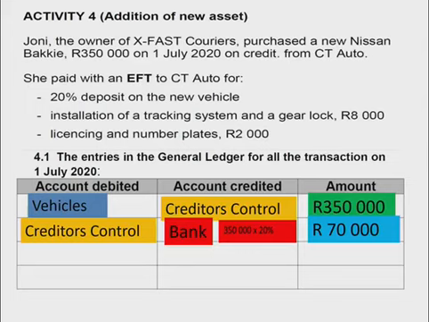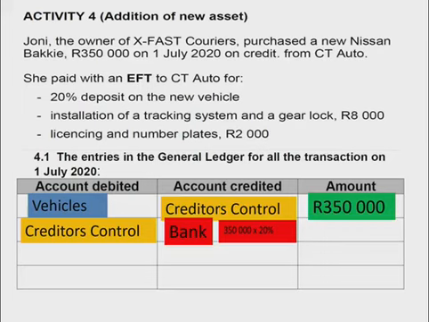First of all, I'm paying him 20% of the cost, which is 20% of 350,000. That gives you 70,000. Then we're also paying for the installation of a tracking system and a gear lock, which is 8,000. So that is more or less a permanent feature on the vehicle.